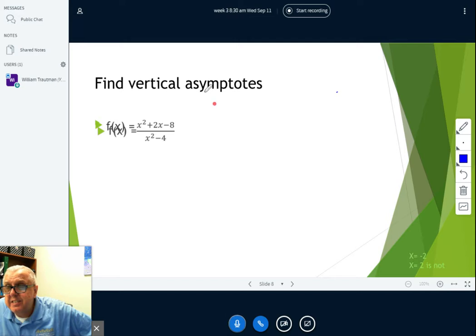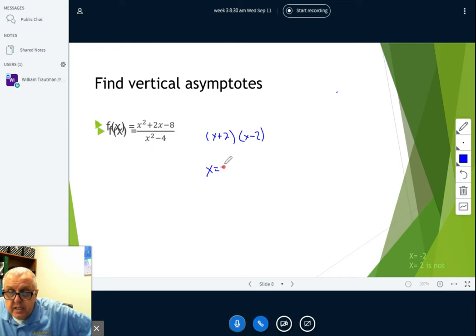And we already said what makes the bottom of the fraction equal to 0. Well, I have to factor that bottom, x plus 2, x minus 2. Those are the factors. So x equals -2 and x equals +2 are my vertical asymptotes.